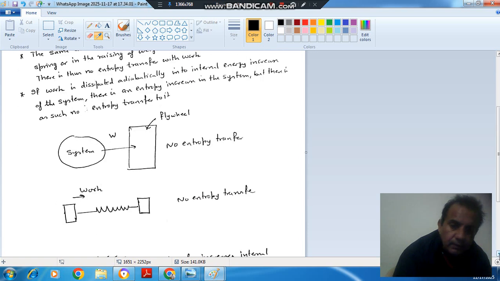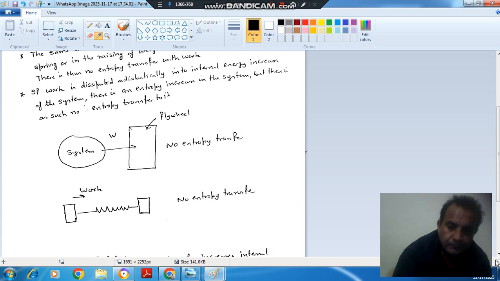Similarly, take the case of a spring. Here we supply work and the spring gets compressed, and each molecule of the spring will be compressed in an organized manner. There will be no change in the order of the molecules, so there will be no entropy transfer with the work.